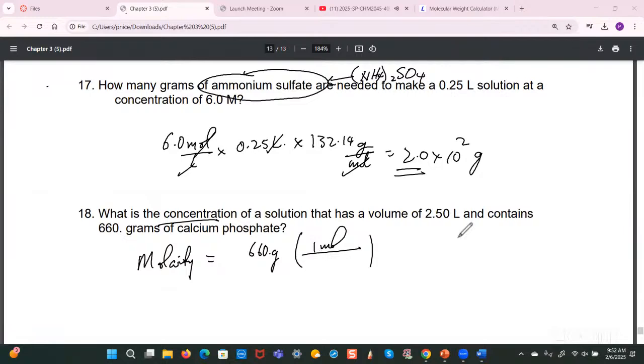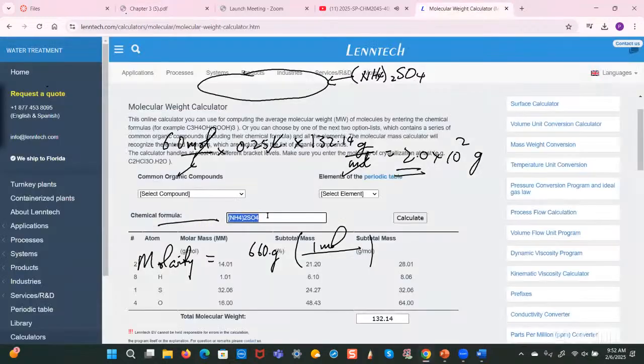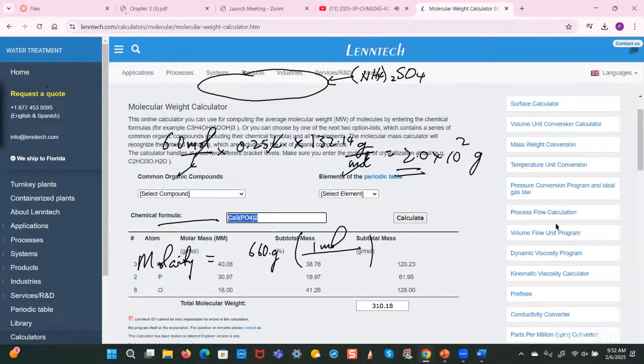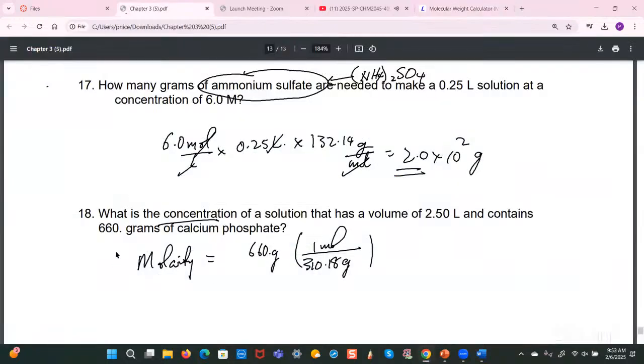So Ca3(PO4)2, that's the formula for calcium phosphate. So that's 310.18, and that would go down here, 310.18 grams. So when we do that calculation, we're going to end up with the moles, and then we divide that by the volume in liters.